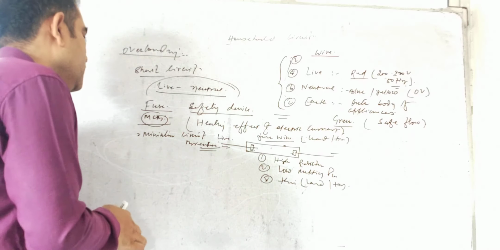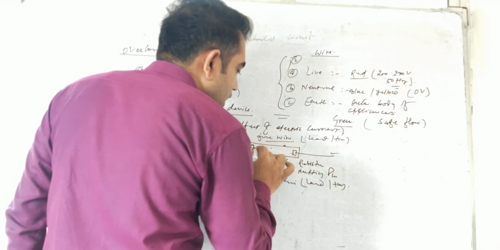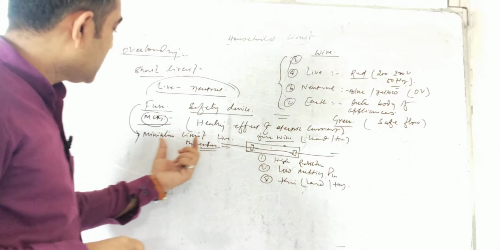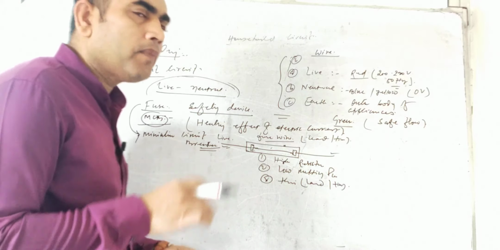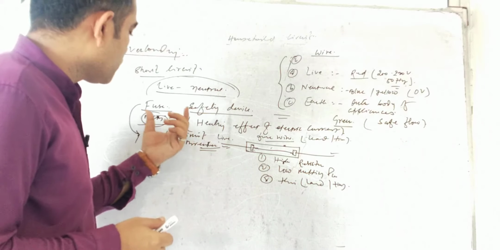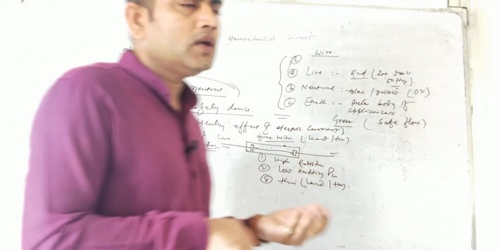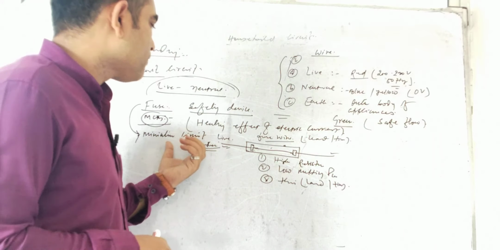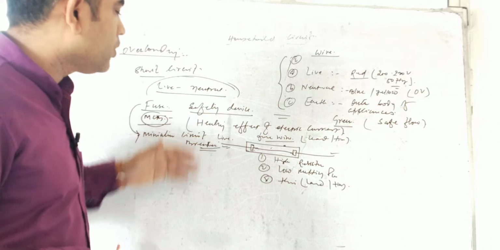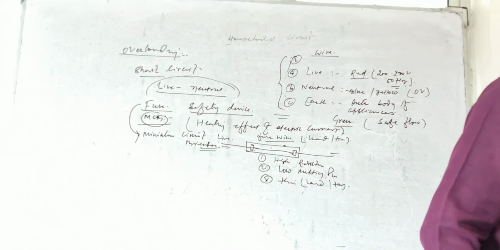The only difference is that in the case of a fuse, if the fuse wire melts, we manually have to reconnect it. But in the case of an MCB, if excess current passes through the circuit, the MCB itself gets turned off automatically, and under normal conditions it starts working again. So it does not have to be operated manually. That is the only difference between the fuse and the MCB.